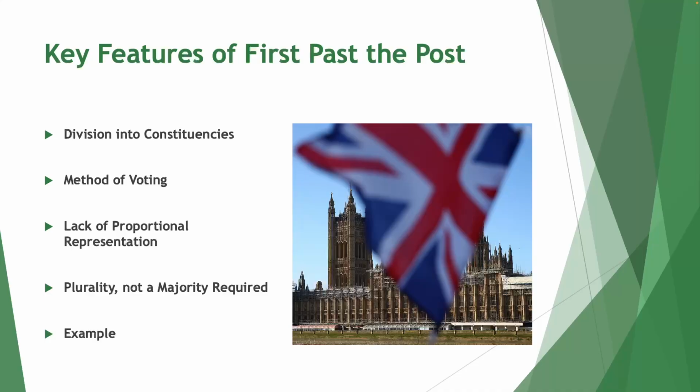Let's say that this constituency was replicated across the entire United Kingdom. What would that look like in Parliament? Well, that would look like a political party that collectively only got 45% of the vote, and yet they got 100% of the seats. They won every single seat.